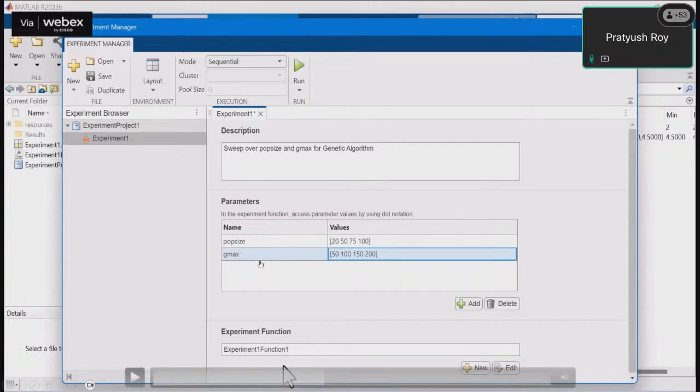In the chat, can you please tell me how many experiments this will generate? I have 4 values in population and I have 4 values in maximum generations. Can you please tell me how many experiments will be generated out of these combinations? What is the number of iterations that I will be able to run based on these values?